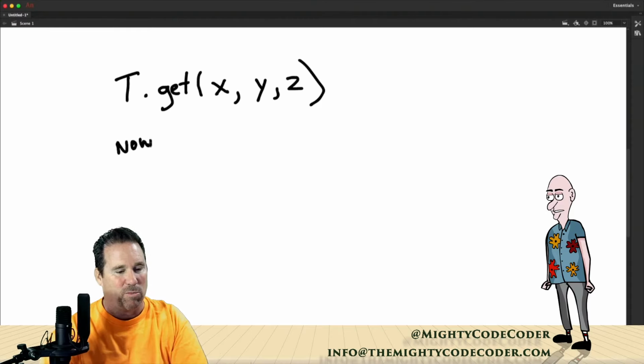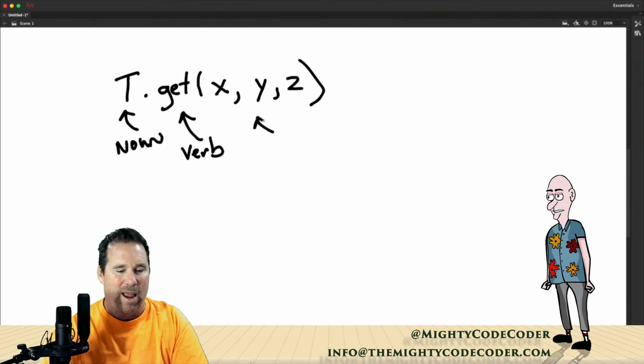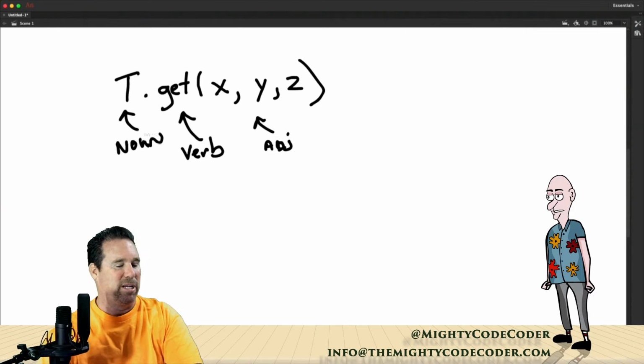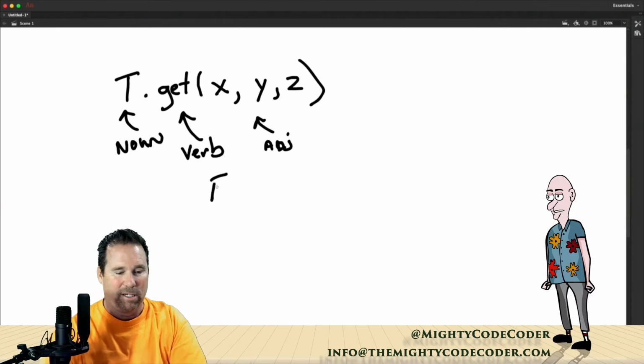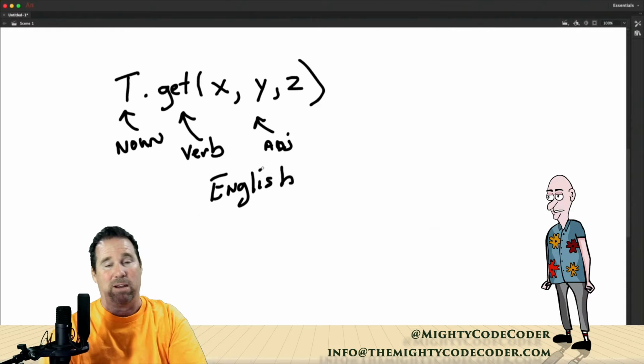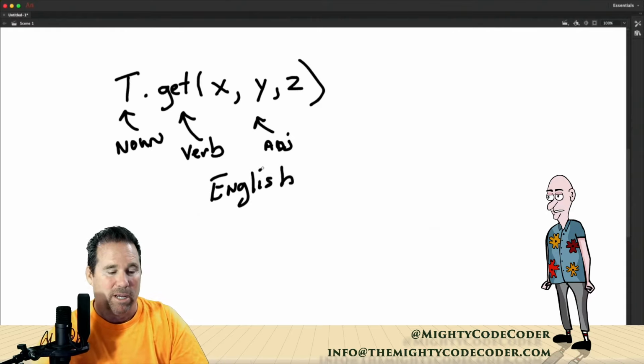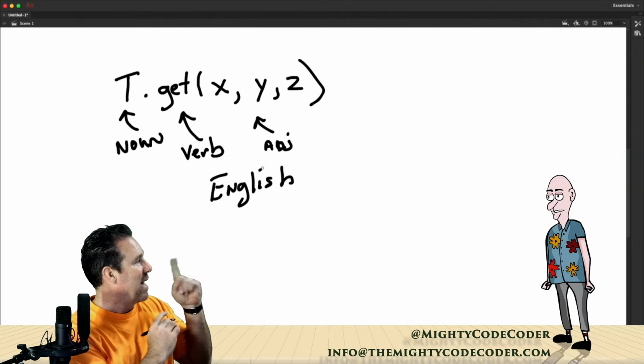Remember I was saying this is more like English? What you do is a verb, and you guessed it, these parameters are adjectives. So you see that this becomes more like English, and less of a math, it's a language. Of course, they call it computer language because of that right there.